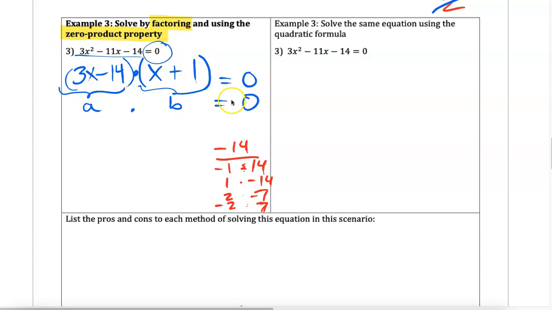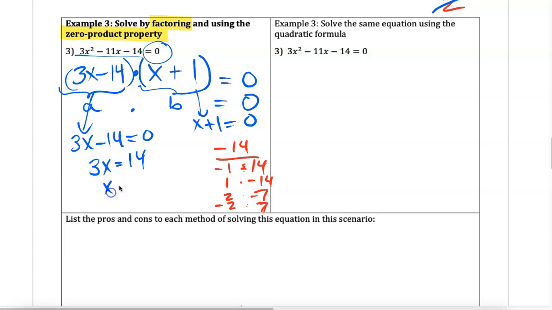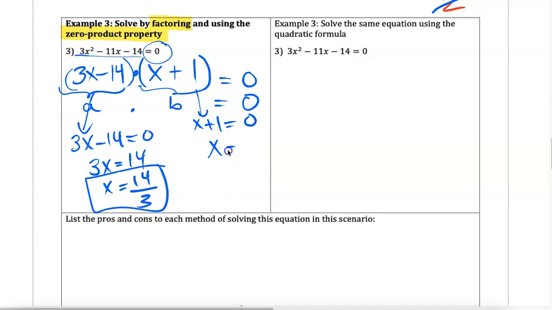That means these factors multiply to 0. That means either 3x minus 14 is 0 or x plus 1 is 0. This one here would tell me that, wait for it, x is equal to 14 thirds. And then this one here would tell me that x is negative 1.